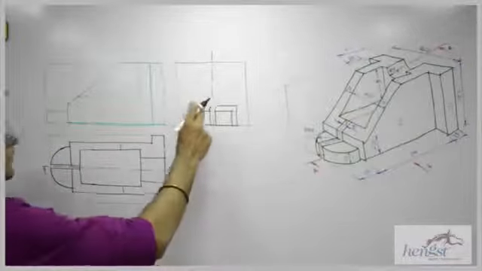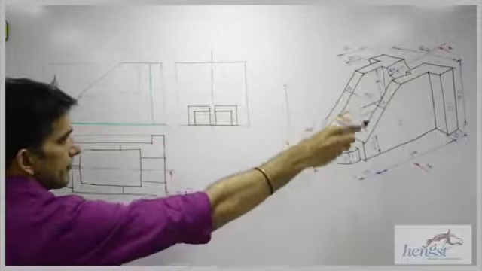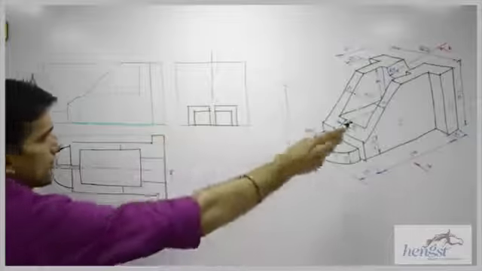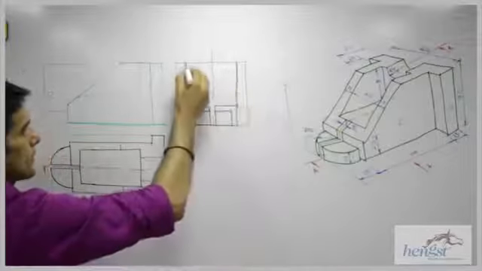See this. So we are done with this. Now if you see, we have these two rectangular faces also, which is through and through. So that also we can draw.